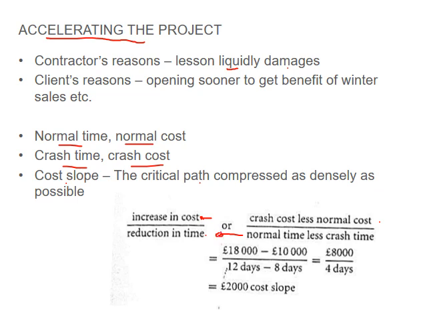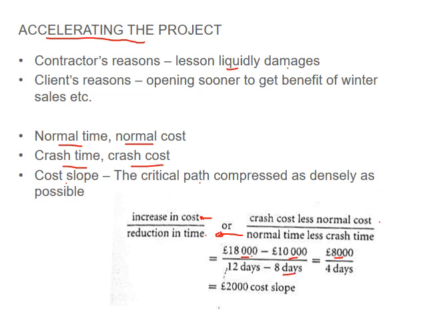So if the project had a normal cost of £10,000, and if you accelerate it, you have £18,000, which is the crash cost. So your cost slope is then 8,000 divided by the difference in time that you made up.